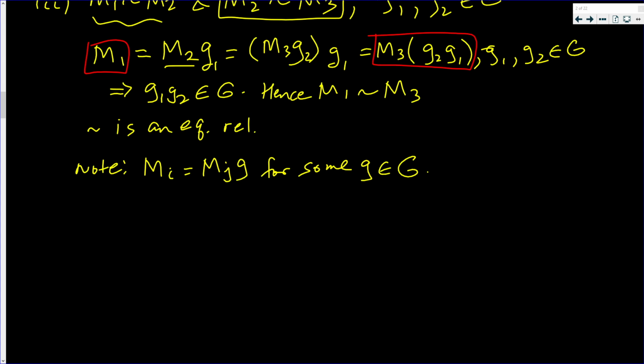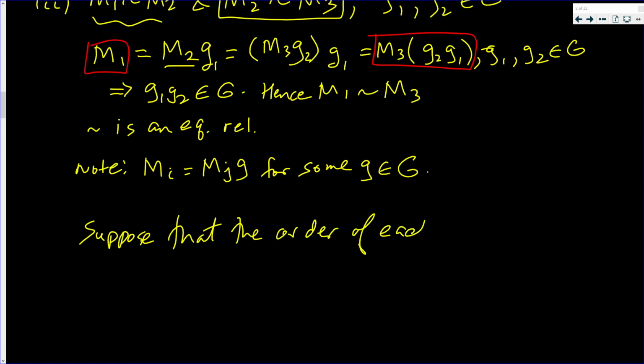The union of all these equivalent classes make up the group G. So, suppose that the order of each equivalent class is p to the r plus 1.